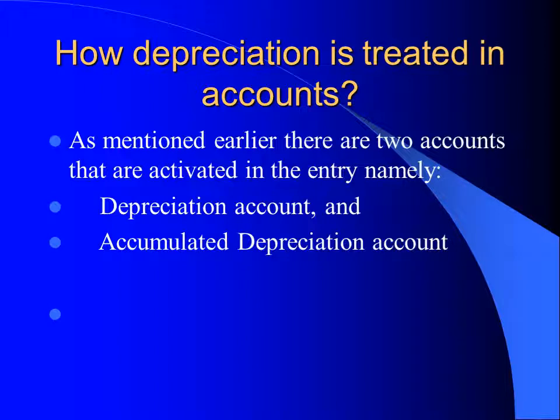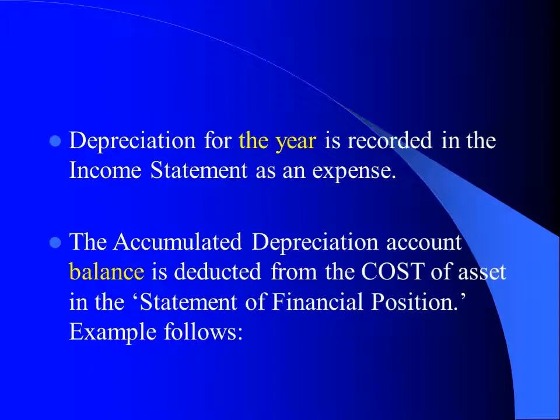Now I'll talk about how depreciation is treated in accounts. So as you know very well now, there are two accounts that are activated in the entry for charging depreciation. The first account is depreciation account and the second account is accumulated depreciation account. So the depreciation will appear in the income statement as an expense and the accumulated depreciation account will appear in the statement of financial position.